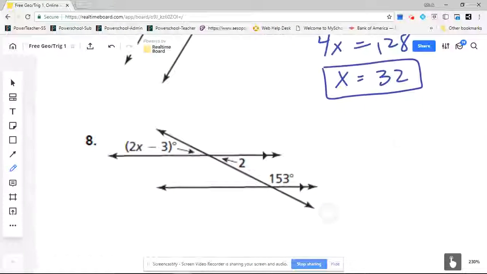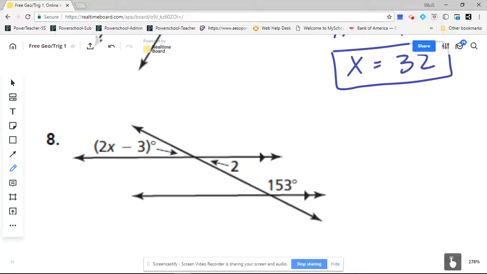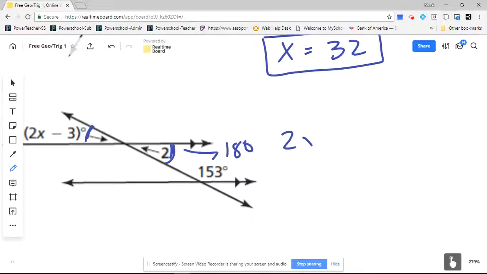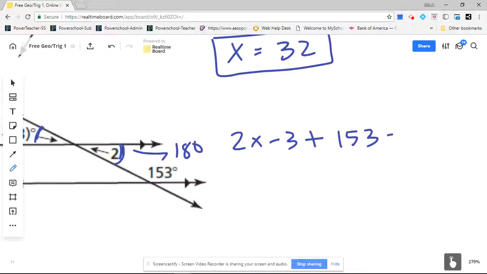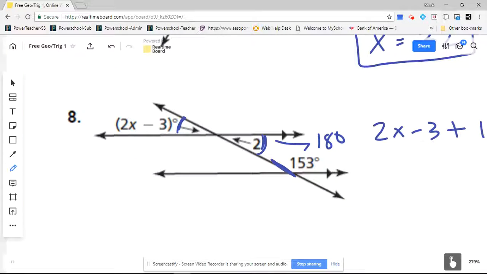And same thing with number 8. They're saying that the vertical angles are equal and then that these two are going to add up to 180. So that means that our two angles are going to add up to 180 because one's small and one's big. 2x minus 3 plus the 153. Those two angles together have to equal 180 because one is a big obtuse angle.